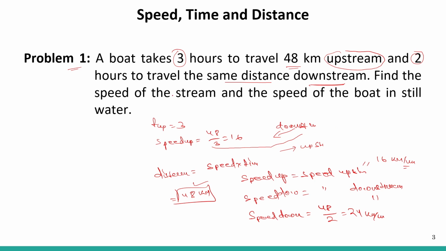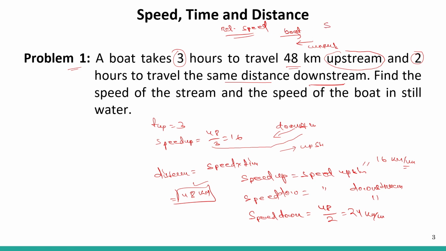To find the speed of the stream and the speed of the boat in still water, we have to use the concept of relative speed. When the boat is traveling upstream, the current is in the opposite direction, so this is the current and this is the boat, and they are in opposite directions. Then their speeds get added up.